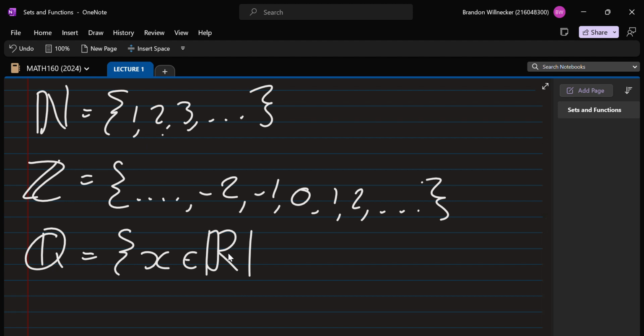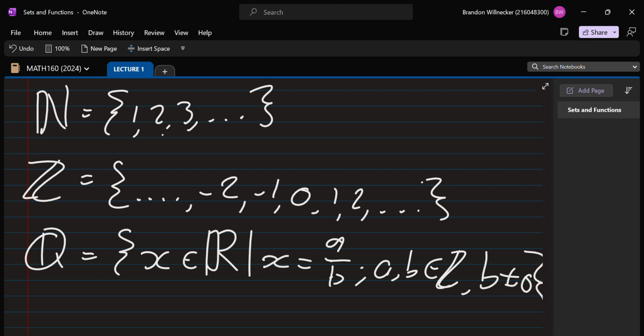Now, restricted comprehension, we now restrict that set. So if we're going from all of the real numbers down to the rational numbers, we need to form some kind of restriction. How do we do that? We put some rule. So what rule does this x need to follow? x needs to be equal to a over b, where a and b are integers and b is not 0.